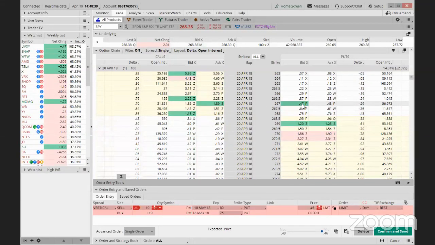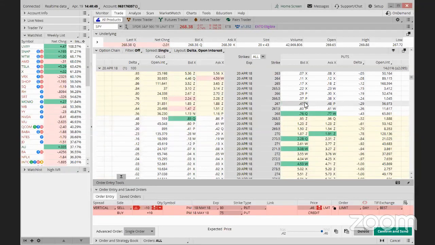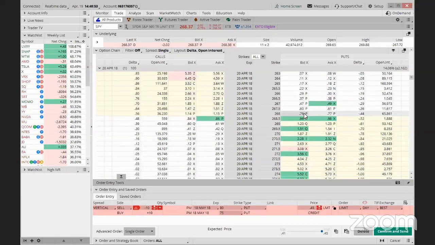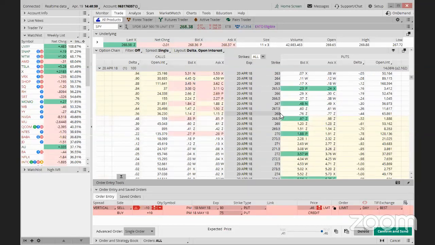If the stop were $1 lower, and I'm willing to sell this now at 47 cents a share, and the stock goes $1 against me, well, guess what? It's like me being short the 268 puts, right? It's $1 closer to my short put price.